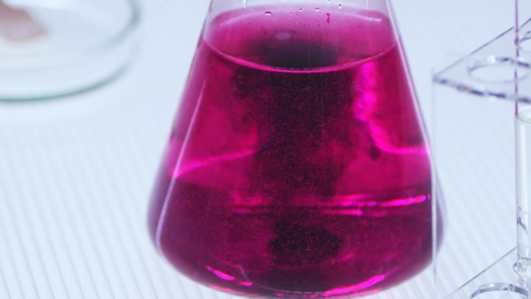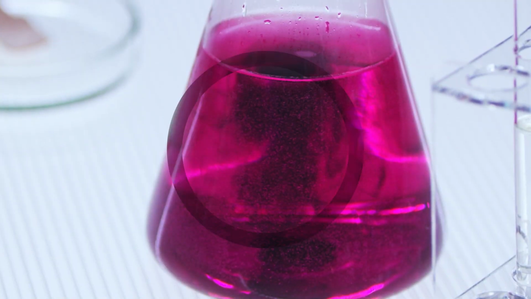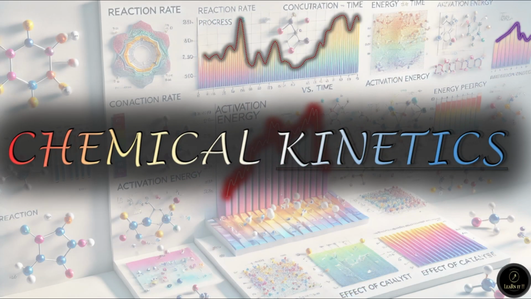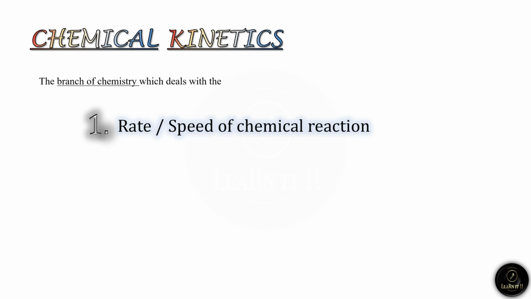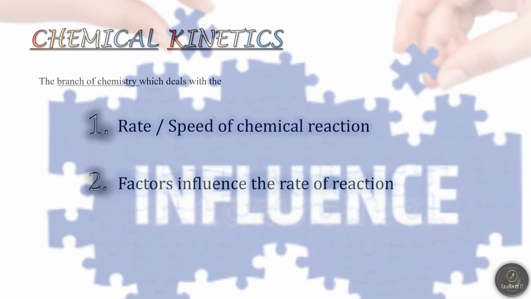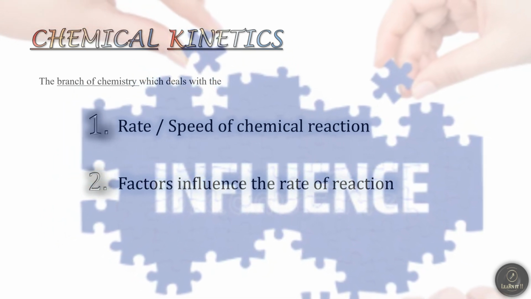As we have already discussed, chemical kinetics is the branch of chemistry that focuses on how fast or slow a chemical reaction occurs. So basically it deals with the rate or speed of the reaction, and also the factors influencing the rate of the reaction. It means the rate of reaction doesn't stay the same.